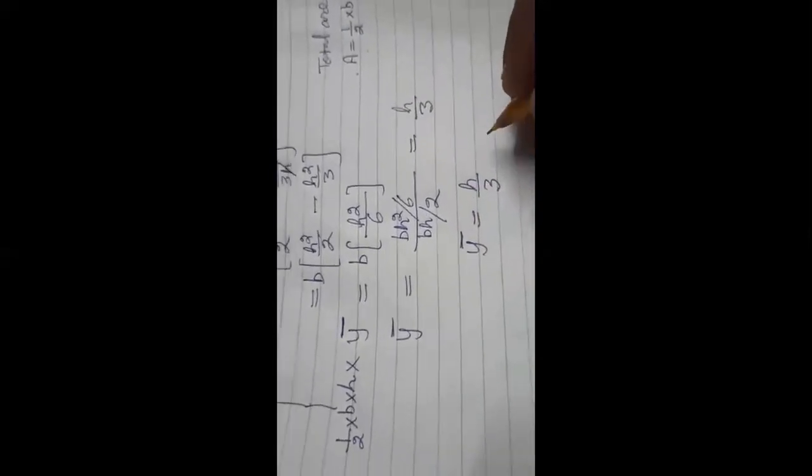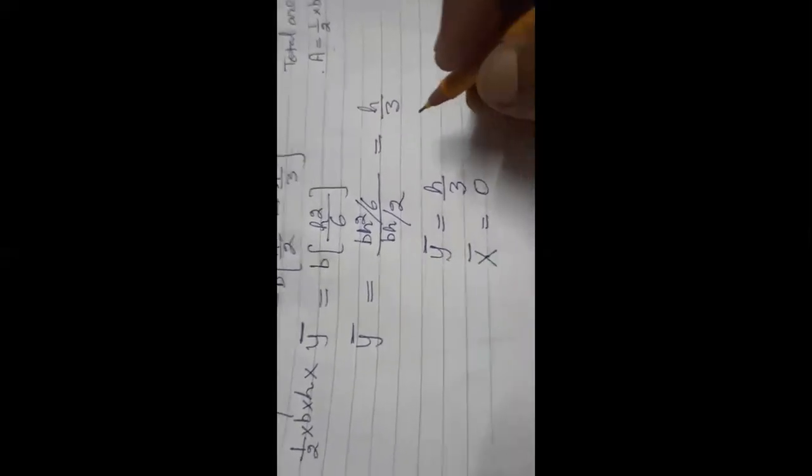So as we have told earlier, this y bar is equal to h by 3 for this triangle, and x bar is equal to 0, because the line of symmetry is taken as reference line. So reference line is, these are the reference lines, this reference line and this x-axis reference line.